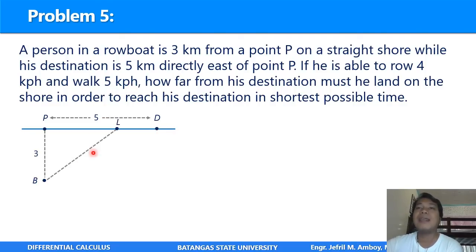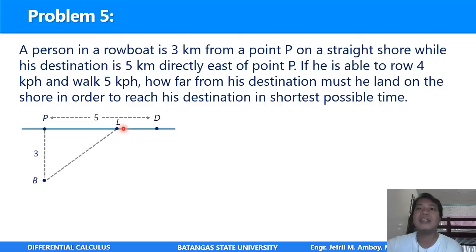So ito yung path na kanyang sasagwanin, gamit ang bangka. At mula dito, siya naman ay maglalakad hanggang doon. Okay. So gaano kahaba ang kanyang ita-travel by boat? So ito yun, which is the hypotenuse of this right triangle.